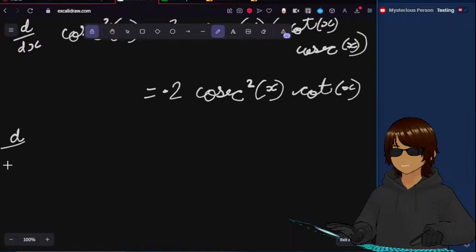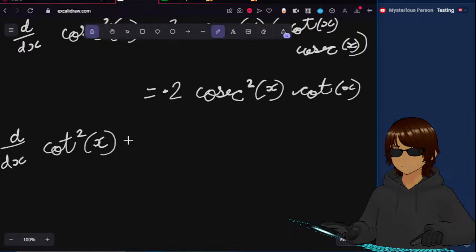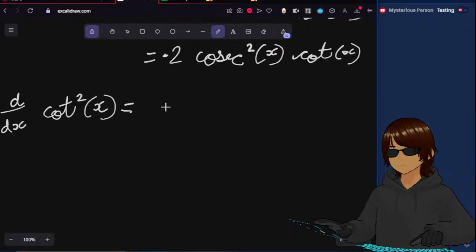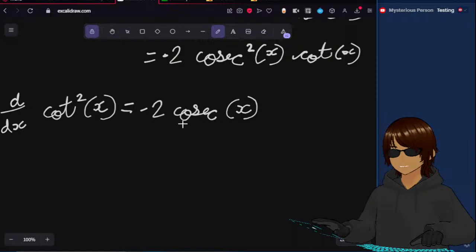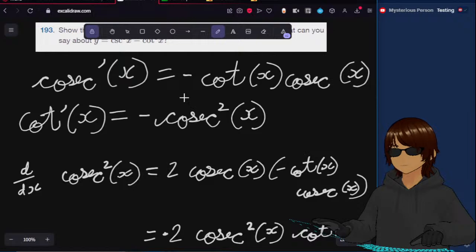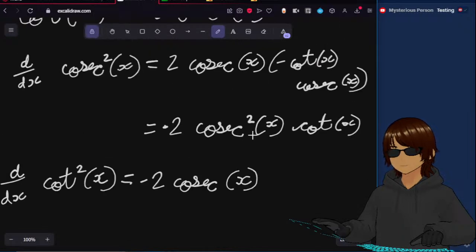Now the next one, this, and then the derivative of this, which is cosecant cotangent.